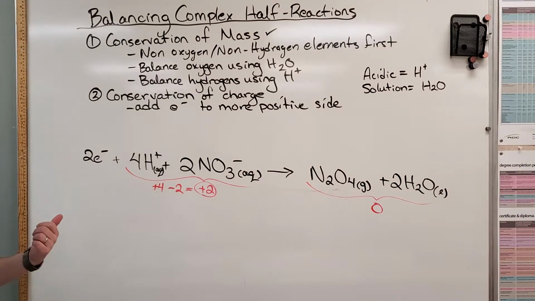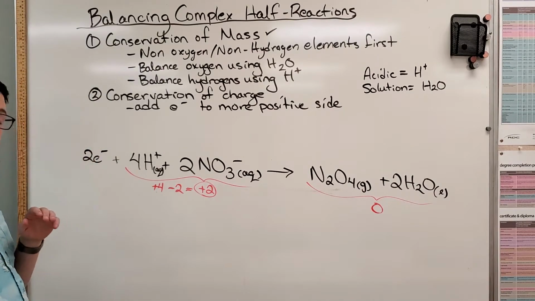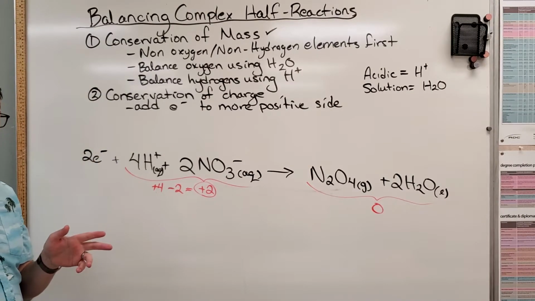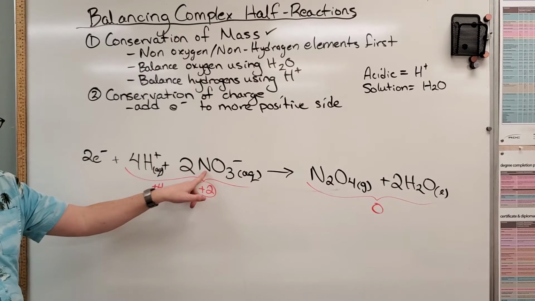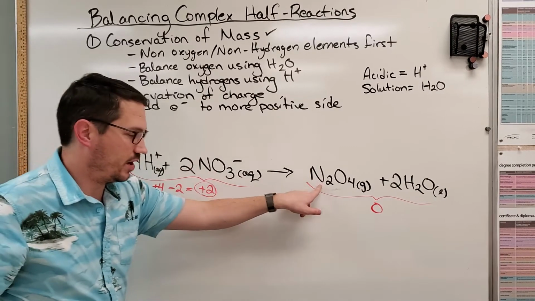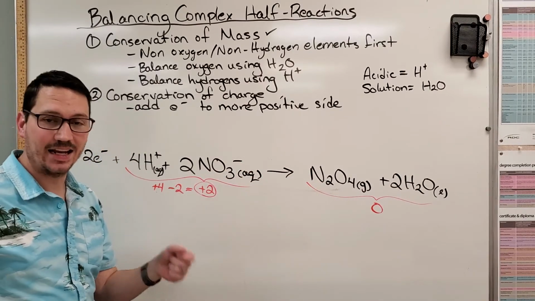Now, is this thing being oxidized or being reduced? Well, there are 2 ways to figure it out. You can take a look at the oxidation numbers. Remember, nitrogen was going from +5 to +4, so it's becoming more negative. It's gaining electrons.